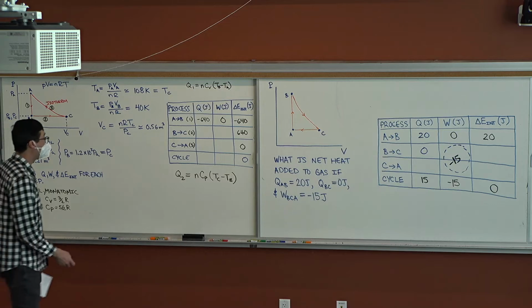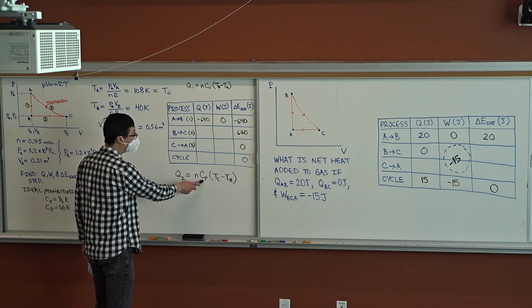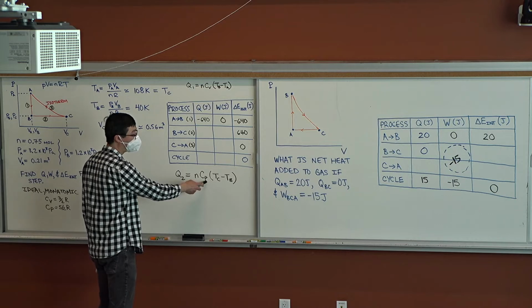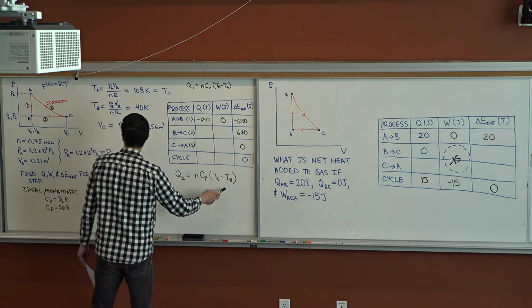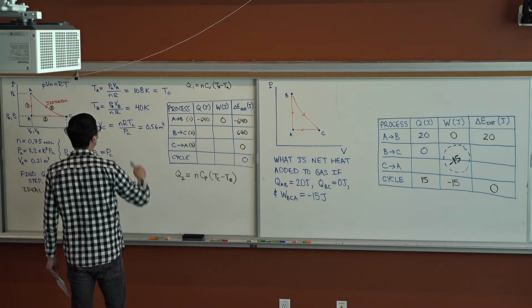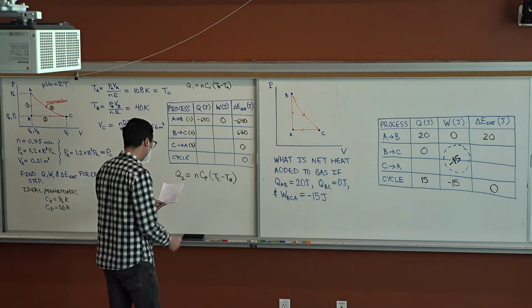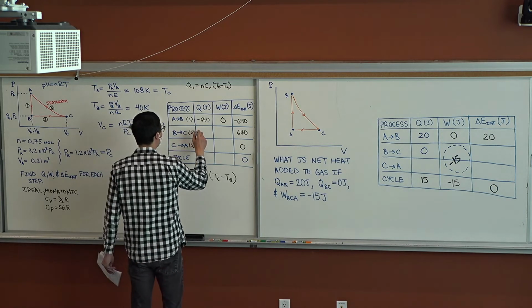And if I take 0.75 moles times 5 halves times 8.314 joules per mole Kelvin times 108 minus 40, which is 68, this time I get 1060.